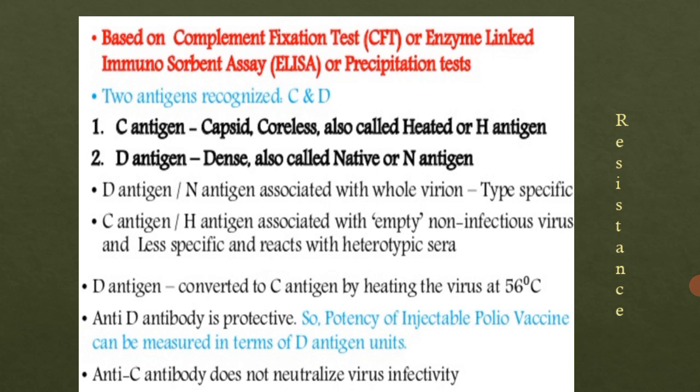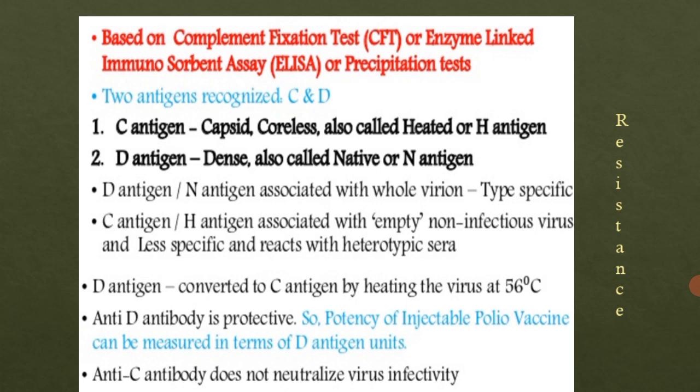The antibodies against the D antigens are protective antibodies, and therefore the potency of the polio vaccine can be measured in terms of the D antigen unit.